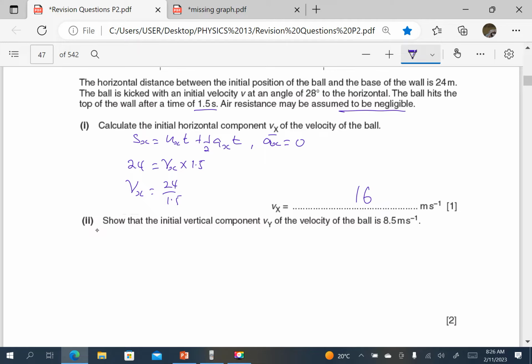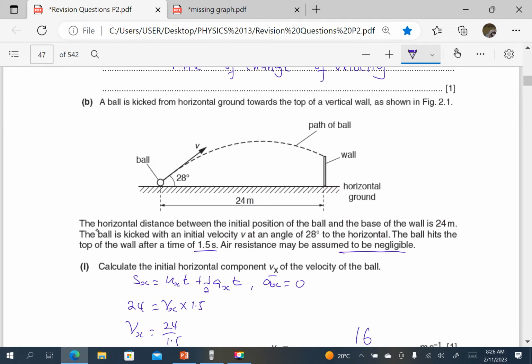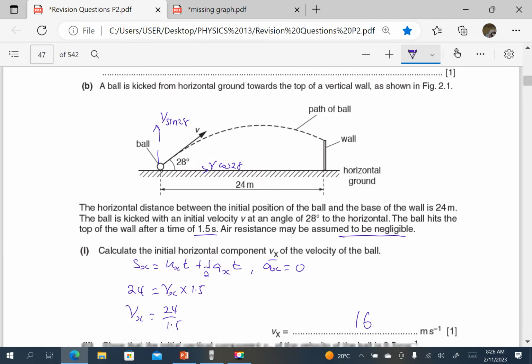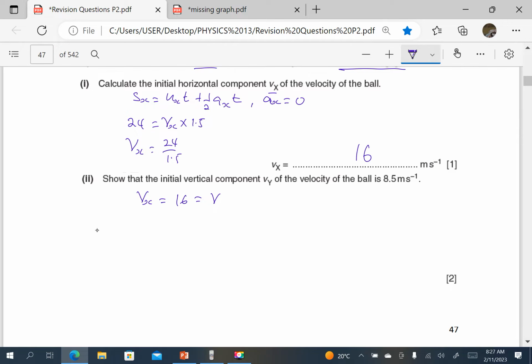The horizontal component that we have found as Vx, which is 16, comes from resolving the velocity V. We resolve V in the horizontal, it is supposed to be V cos 28, and in the vertical, it is supposed to be V sin 28.